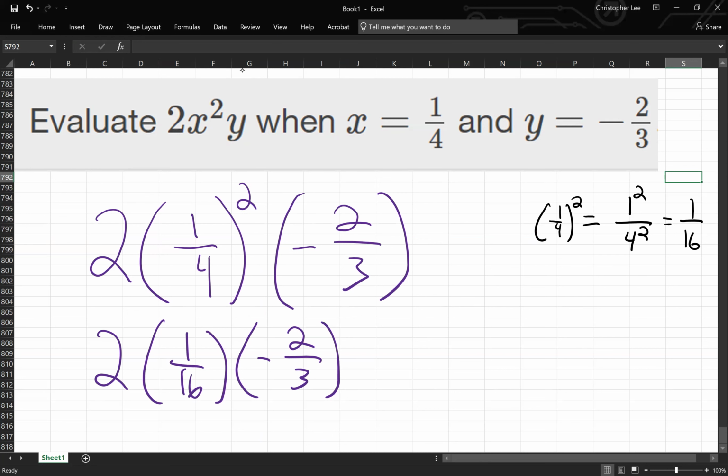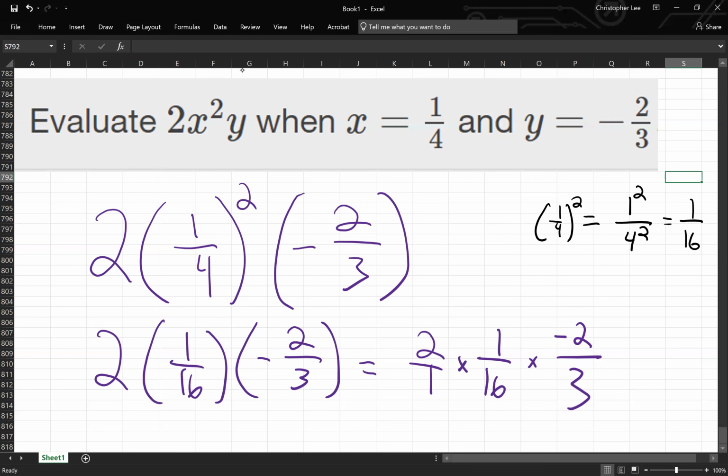After that, I'm multiplying a fraction by a fraction, just going to multiply straight across. So I'm going to rewrite the 2 in the front as 2 over 1 times 1 over 16 times negative 2 over 3. That's it.